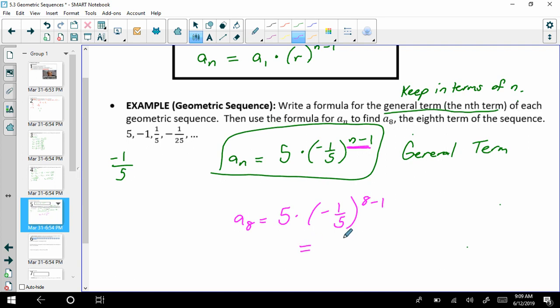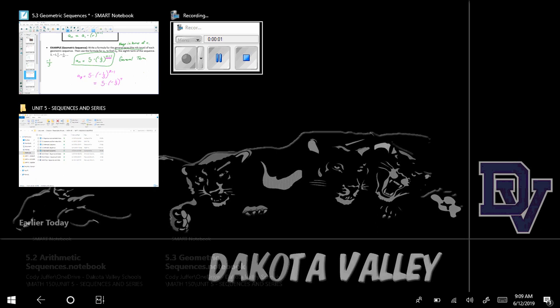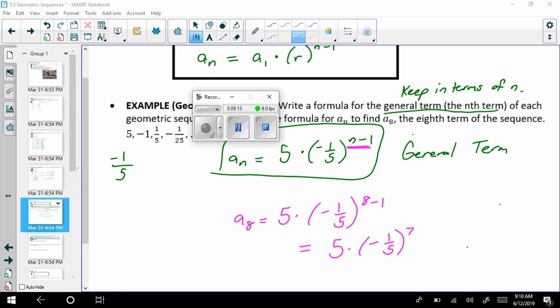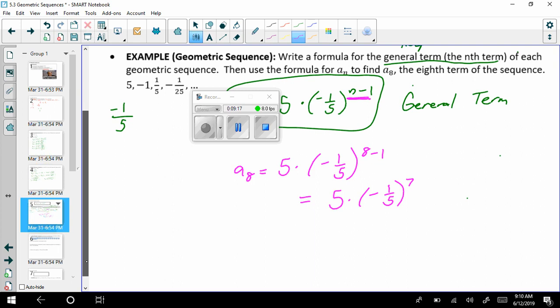So if we do this to the 7th, so what I recommend doing, if it's going to want this answer as a fraction, here's probably the easiest way to do it. For now, let's keep this 5, and let's worry about this fraction. So let's do negative 1 to the 7th.